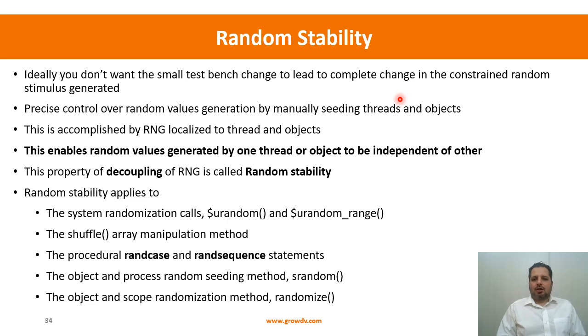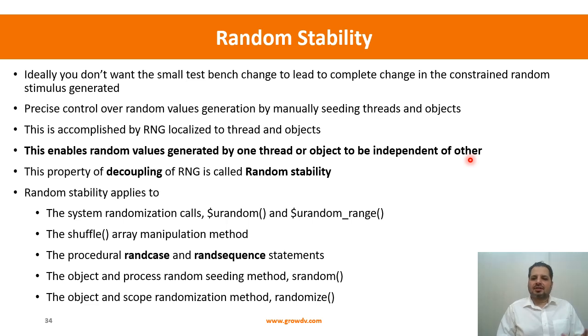But if you want to minimize that change, the way the simulator does it is that the random values generated by one thread or by one particular object are independent of each other.